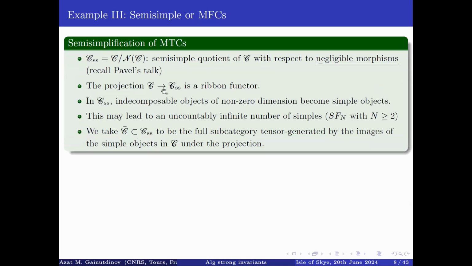Then we have a projection functor from the original non-semisimple category into the semisimplification. Typically, this semisimplified category might contain uncountably many objects, all simple. This happens in the case of this symplectic fermion category with n bigger than or equal to 2.